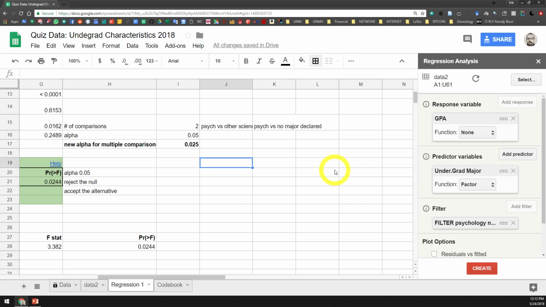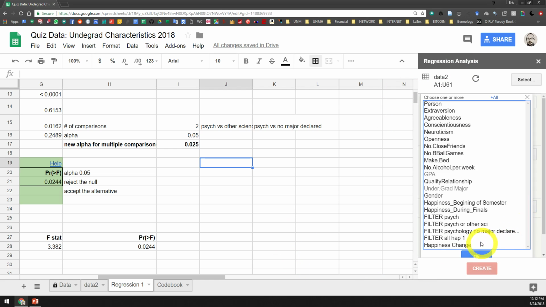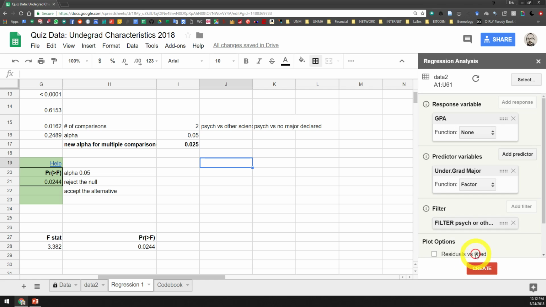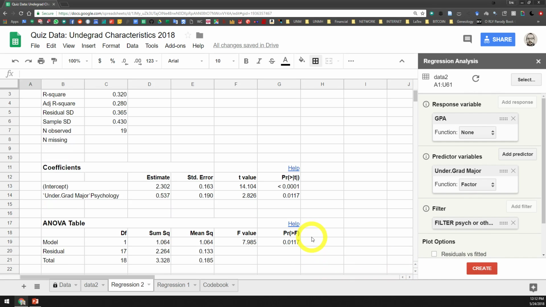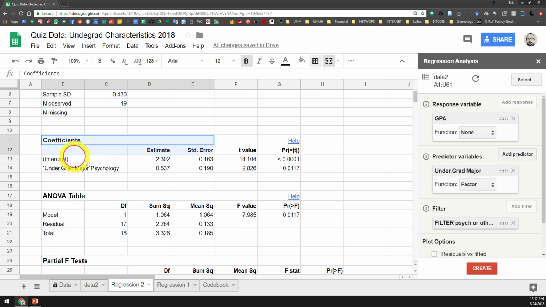So let's go ahead and perform those comparisons. We're going to go to this regression analysis. We're just going to add the filter for the first comparison, so that's psych to other science degree. We're going to hit OK. We don't need to change anything else. We're going to hit create. Now we're going to focus on this coefficients table, although we could look at the ANOVA table because it gives us equivalent p-values.